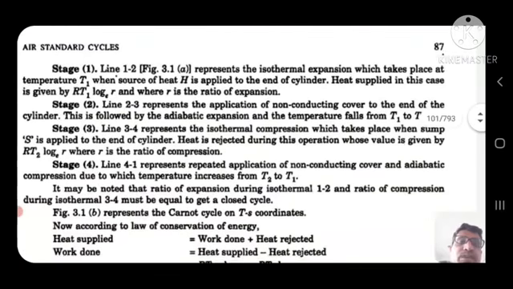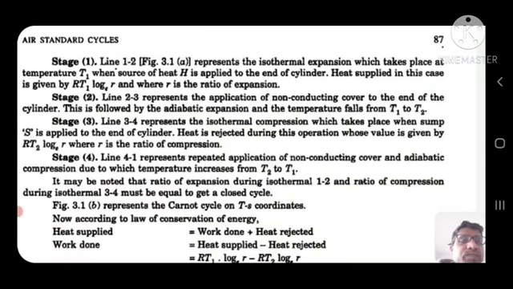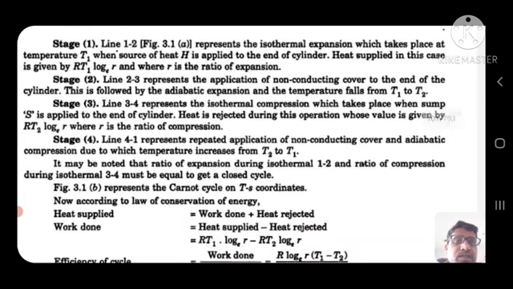Stage 1: line 1 to 2 represents the isothermal expansion which takes place at temperature T1. When the source of heat H is applied to the end of the cylinder, the heat supplied in this case is given by RT1 log_e r, where r is the ratio of expansion.